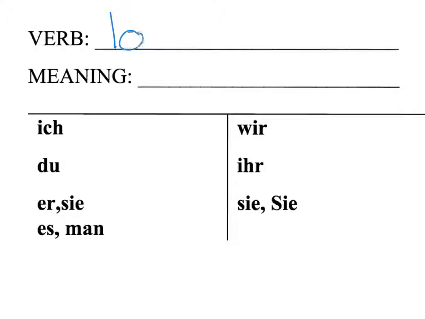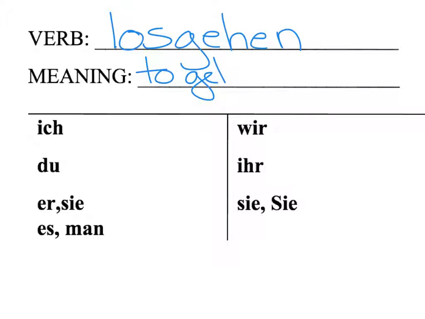Next one. You've seen this one and heard this one hundreds of times. Okay, what does losgehen mean? When you use it as a command, it'll be like let's go or whatever. So it's to start, to get going. Is gehen a regular or irregular verb?